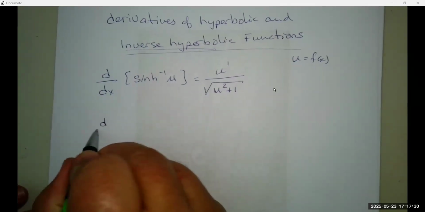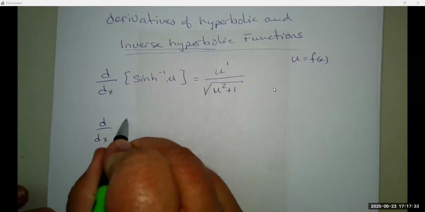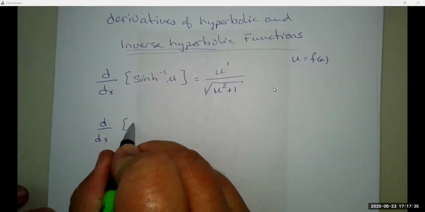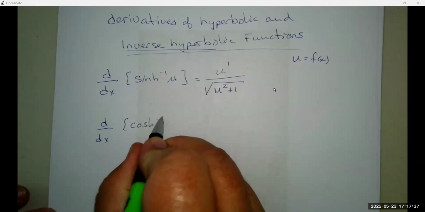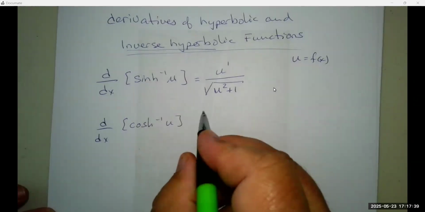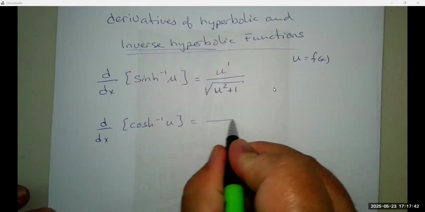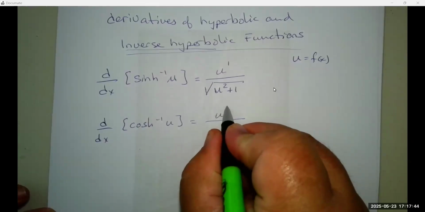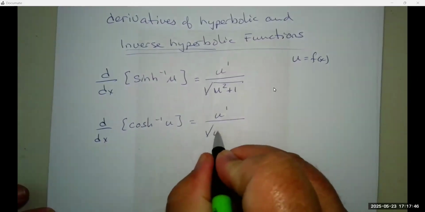The derivative of the hyperbolic inverse cosine of u is similar to that of the sine, except it's negative.